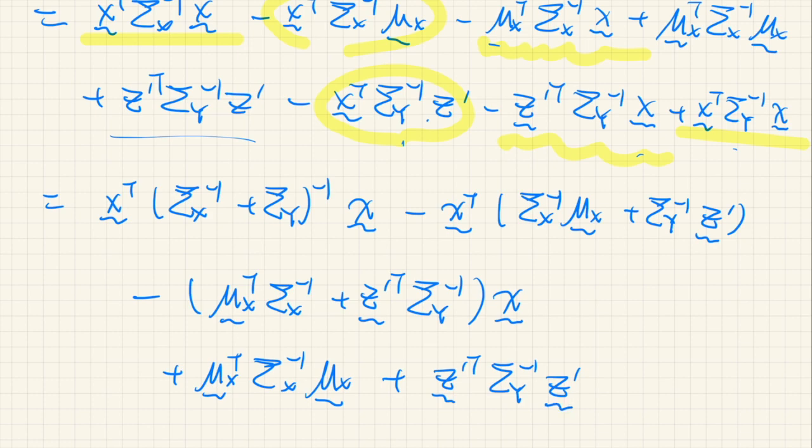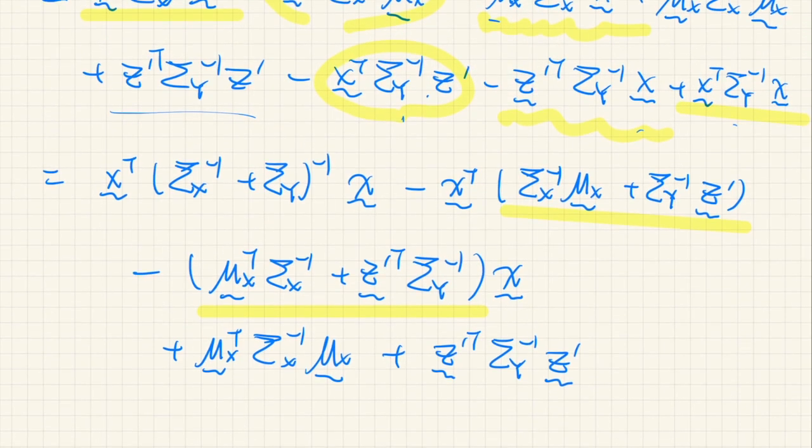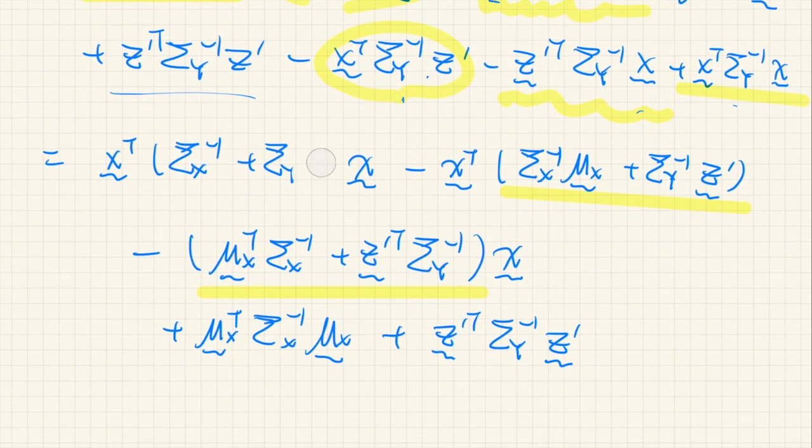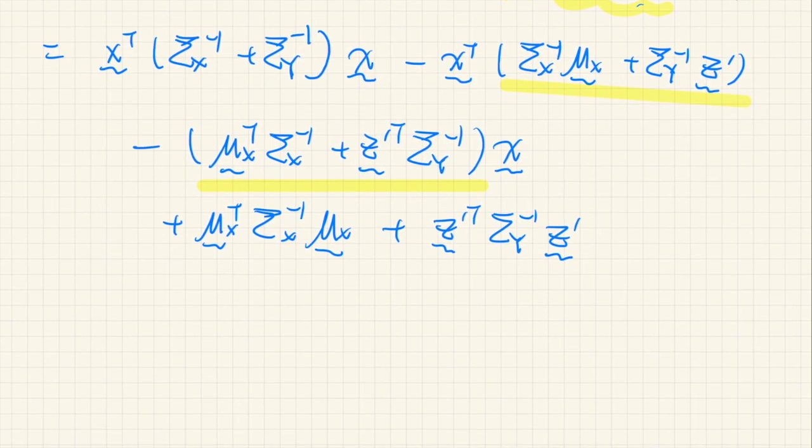Now, notice that this vector is the transpose of this vector. Okay. Oh, wait a minute. I think this is wrong. So this is sigma y inverse here. Okay, and let's define a new vector b, so we want to have this matrix in here and here.